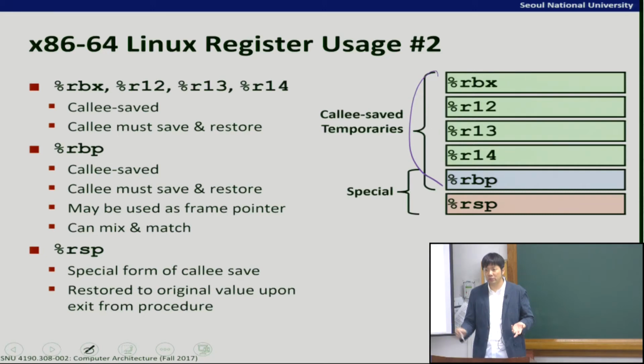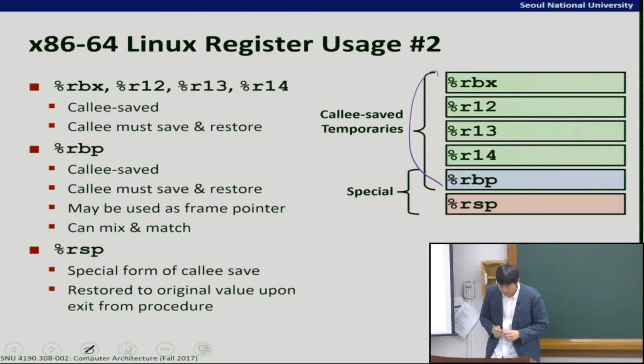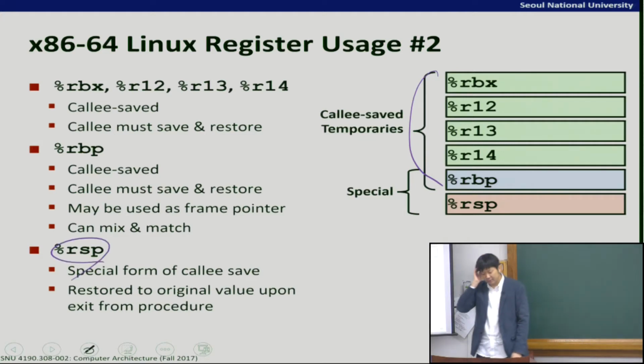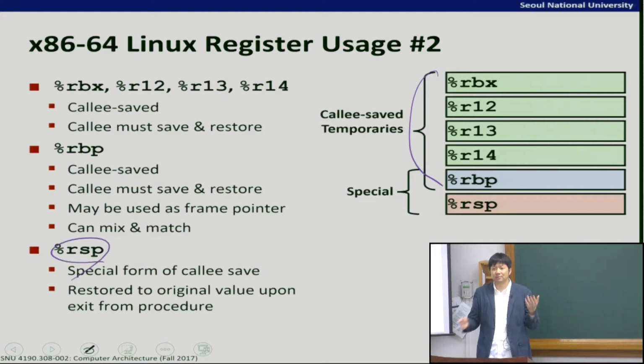So if the callee really wants to use this register, you must back up the original value into your stack frame, and then restore the value before you return from the function. This is the callee's responsibility. So RBX, R12, R13, R14, RBP are all callee saved, and RSP is kind of a special register, because RSP is automatically adjusted in many cases, like push and pop instructions or call and return.